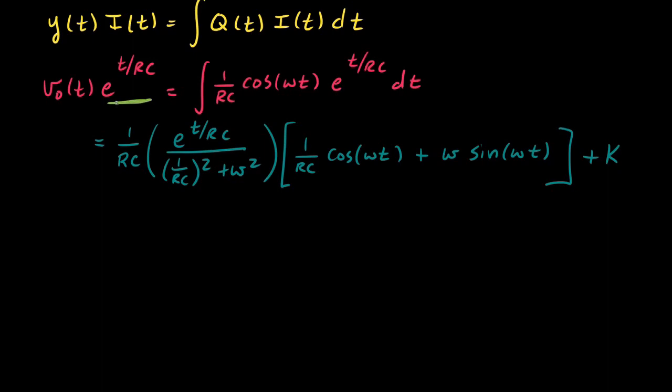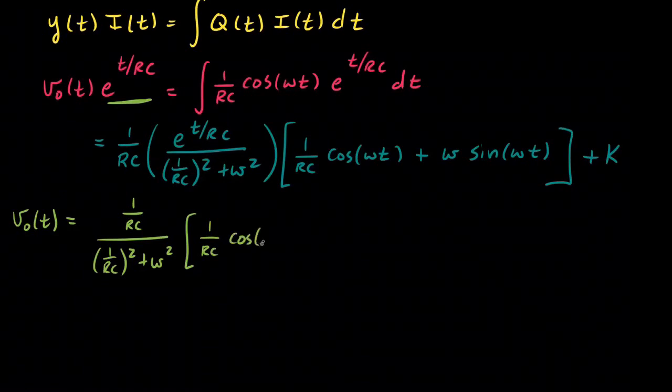So I'm going to divide this term out, and I will end up with v out of t equals 1 over RC divided by 1 over RC squared plus omega squared onto 1 over RC cosine omega t plus omega times the sine of omega t, and then plus k e to the minus t over RC.